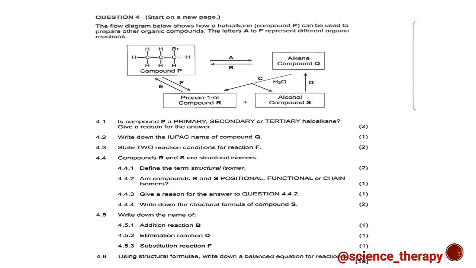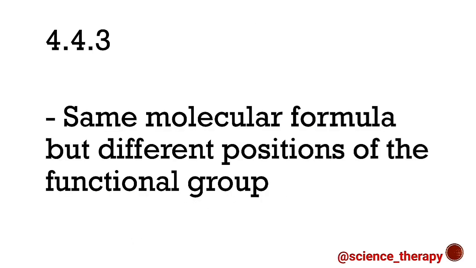Now 4.4.3 is asking us for a reason now. Give a reason for the answer to question 4.4.2. So that is just a definition. We say because they have the same molecular formula but different positions of the functional group.